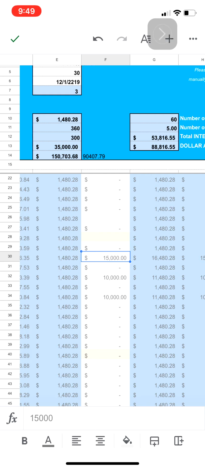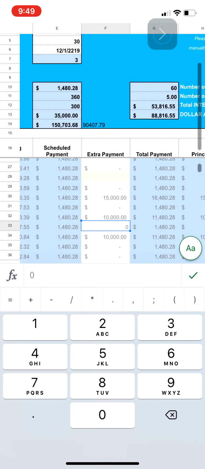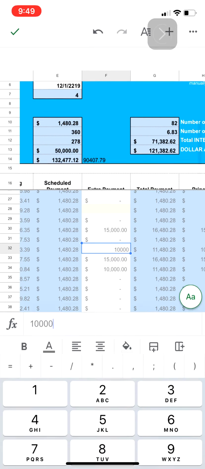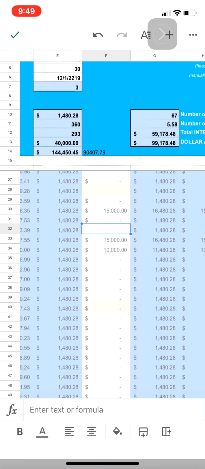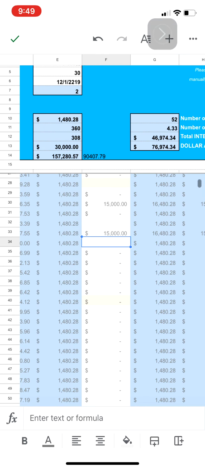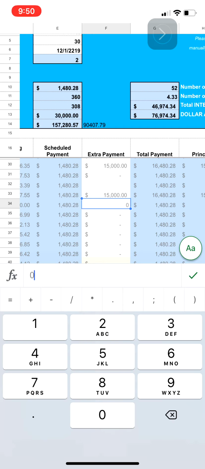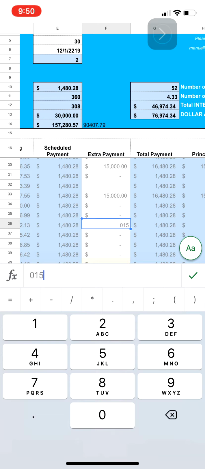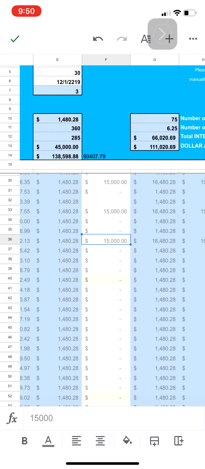15,000. Okay, so every 2 months I put 15.